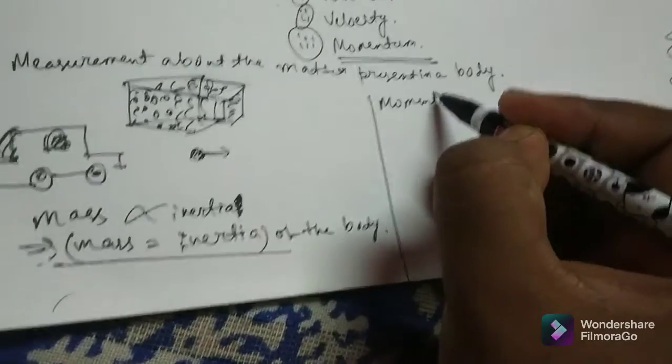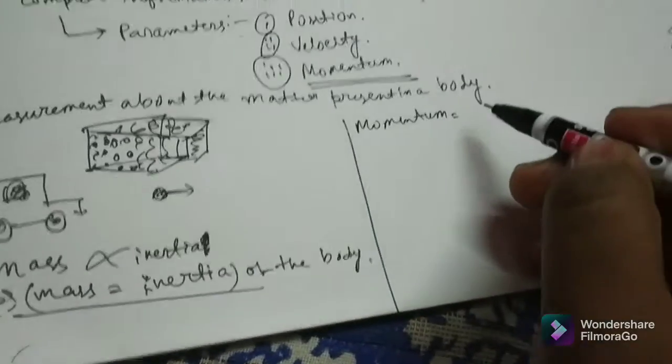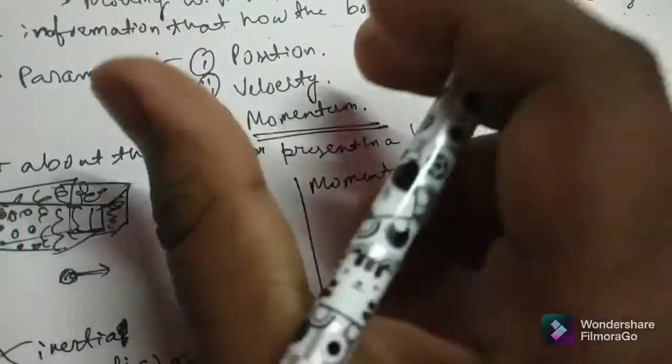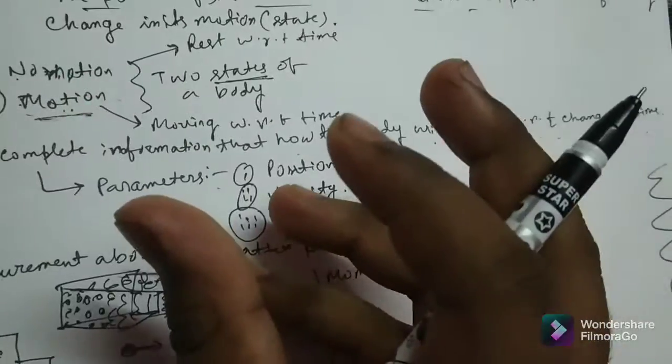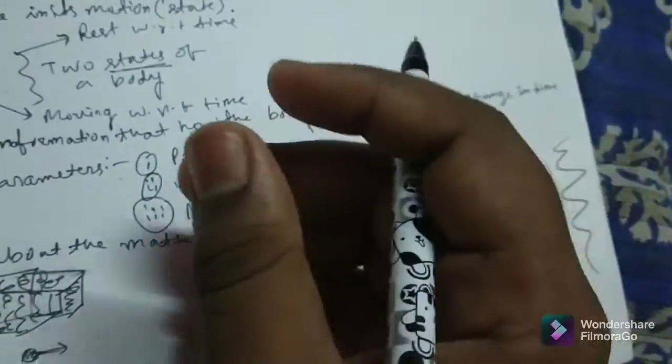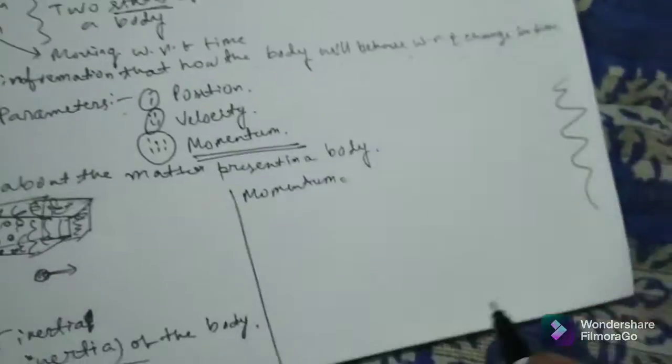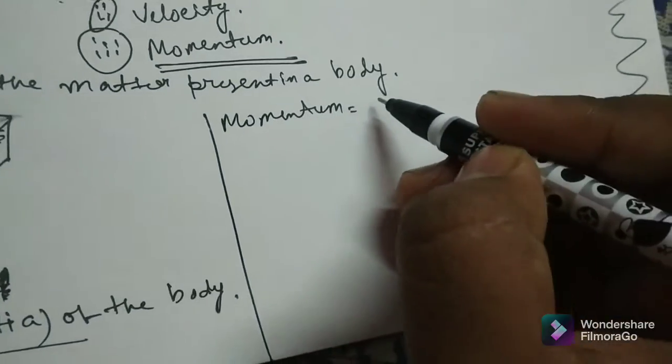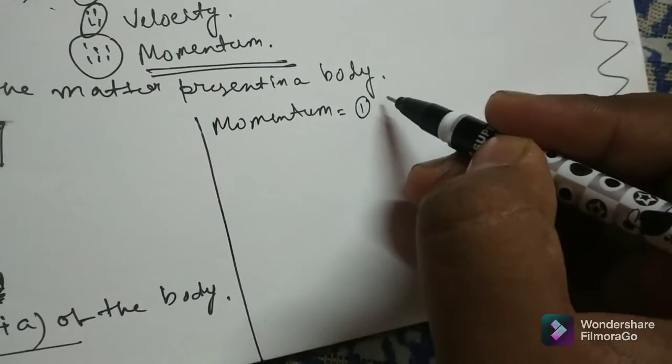Momentum is just a measure of seriousness. Momentum means how serious the motion of the object is. If it has high momentum, that means it is much more capable of breaking or passing through something. So let me give the intuitive definition.